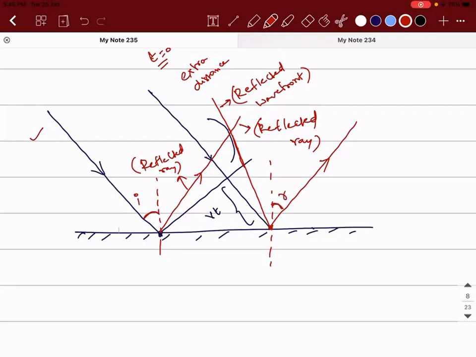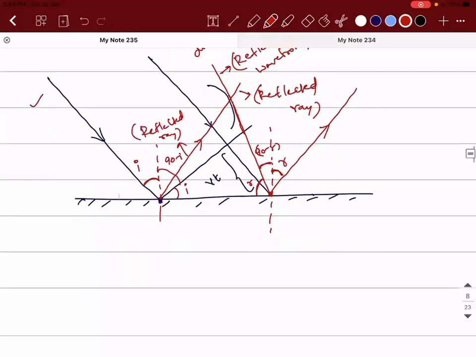So when this is the angle of reflection, this will be 90 minus r, and when this is 90 minus r, this will be r. Similarly, this is i, then this will be 90 minus i, then this will be i.